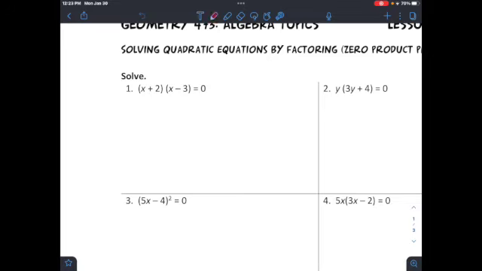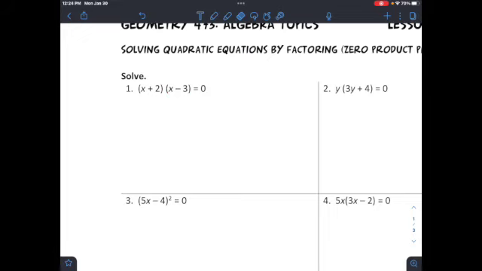If you have a 0 times whatever in the back, you don't care. As long as you have one 0, it's a 0. Same thing if you have a 0 in the back, making this guy equal 0, I don't care what x plus 2 is going to be, it doesn't make any difference.